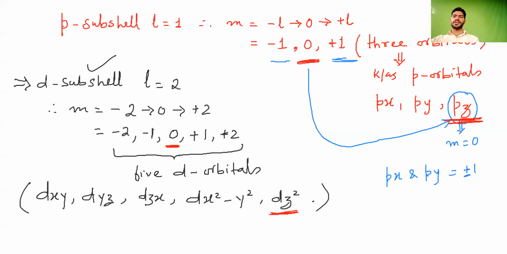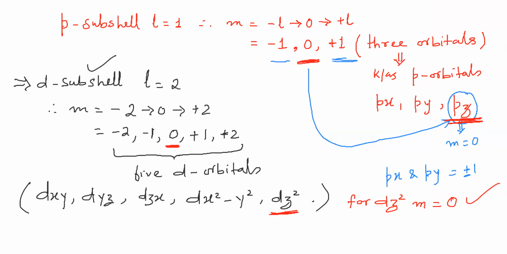For dz square, the m value is always taken as 0. Got it? Shall I move to the next page?